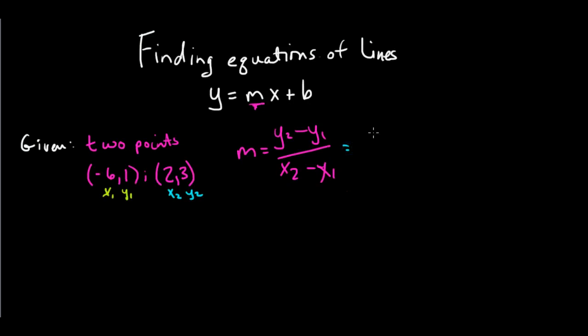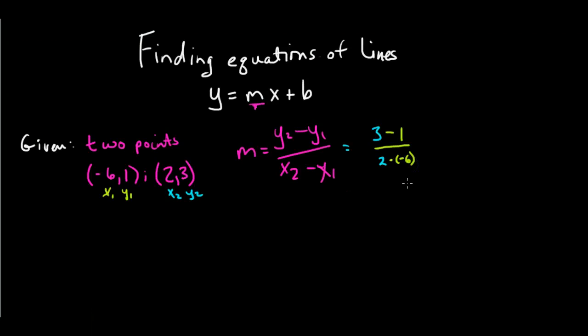So this will be 3, minus y1 is 1, so we'll say minus 1 over, let's see, our x2 is 2, so we'll go 2, and then our x1 is negative, so we have to say minus a negative 6.